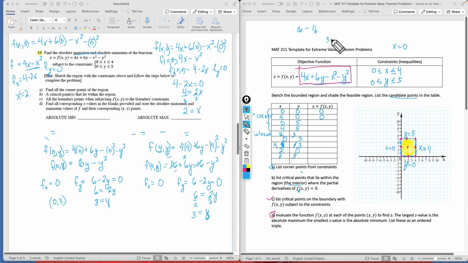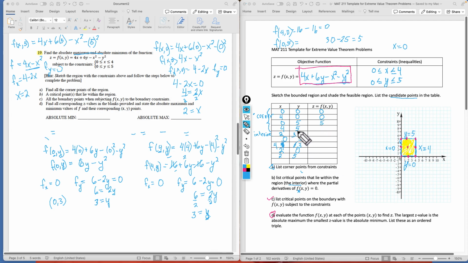That's going to give me 30. I guess maybe I should do this. I was evaluating (4, 0), and that gave me 0. Now we're going to evaluate (0, 5). And I'm going to get 30, and then I put in minus 5 squared, which is 25. Wow, I got something other than 0. I got 5. So this value is 5.